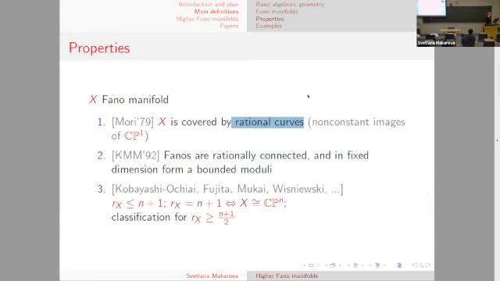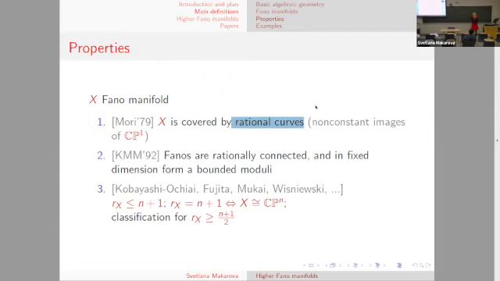Is this natural, in the sense that given a point inside X, there is a canonical choice of the rational curve?